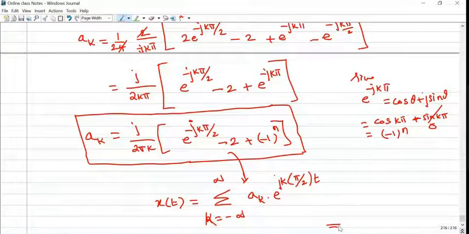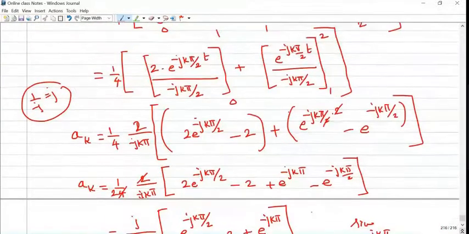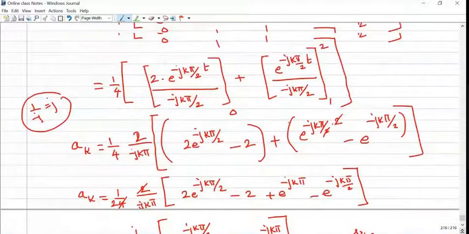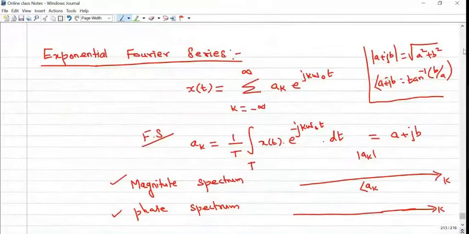So it may be either trigonometric Fourier series or exponential Fourier series. If it is trigonometric Fourier series, it's very simple, because there you need to find three coefficients: a naught, a n, b n. For exponential, only ak we have to find out.